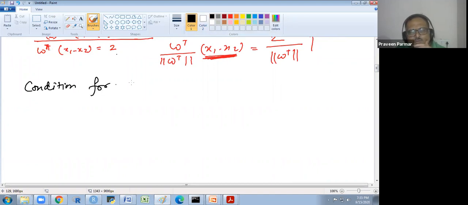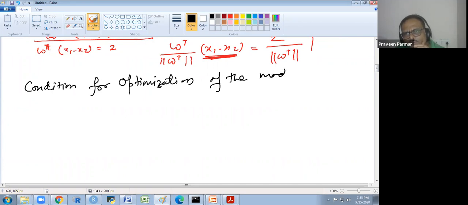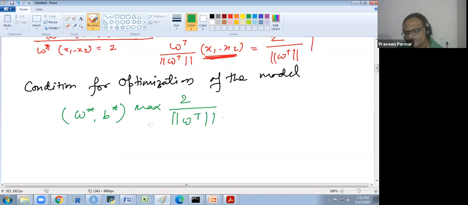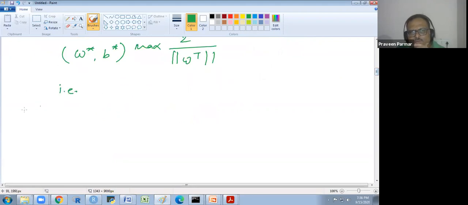So the condition for optimization of the model would be: W asterisk, b asterisk, I am writing for the maximum of 2 over the norm of W. This is what we want, such that you get the condition here for yi.